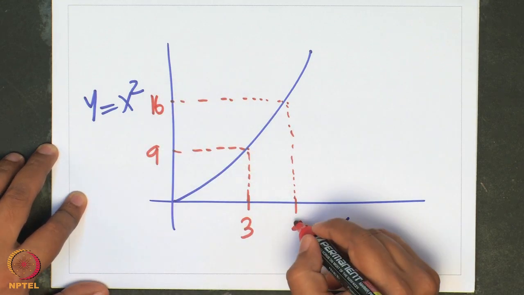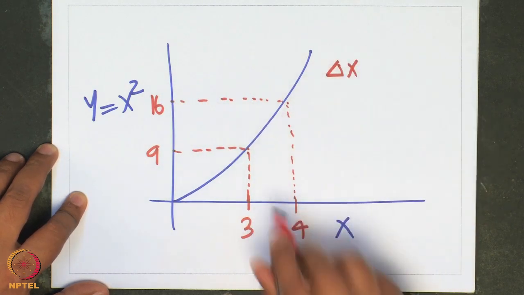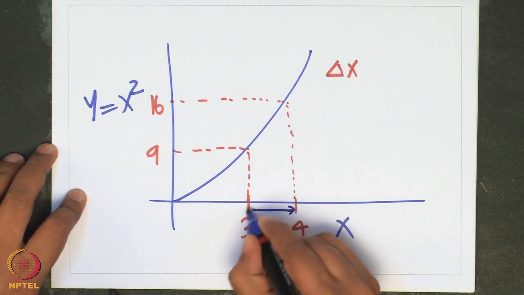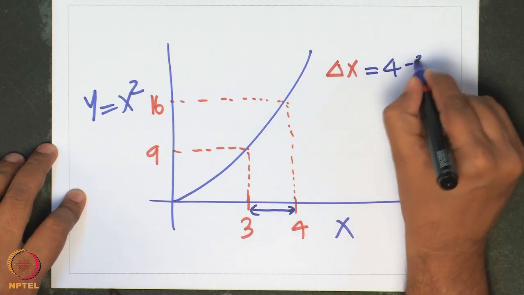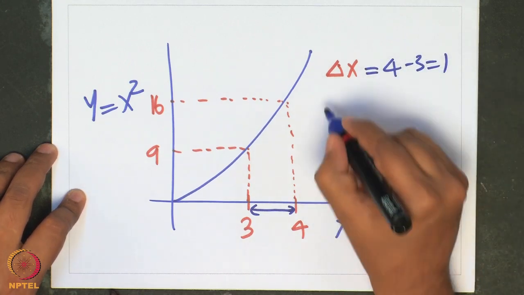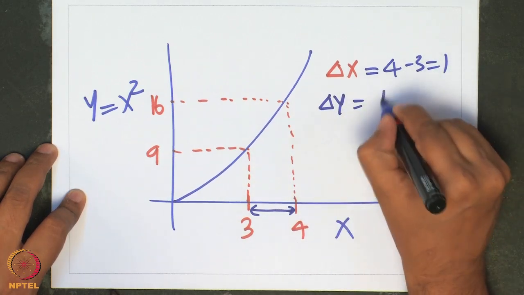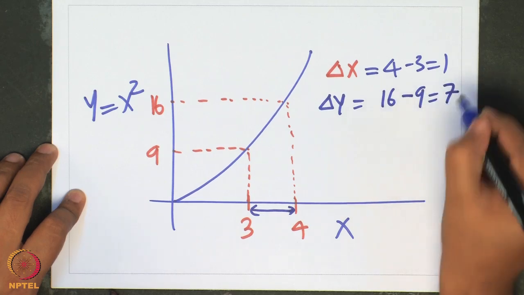So delta x is 4 minus 3, which is 1, and delta y is 4 square minus 3 square, which is 16 minus 9, so this is 7.